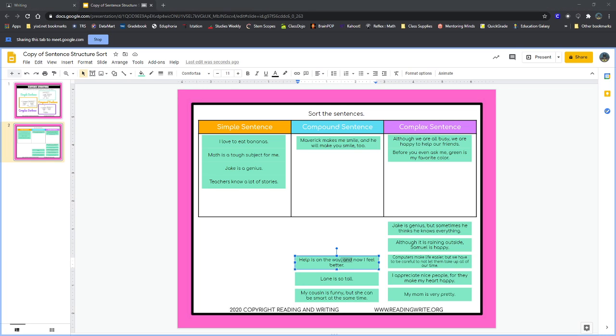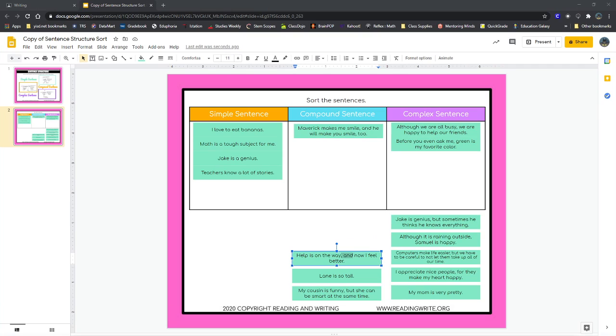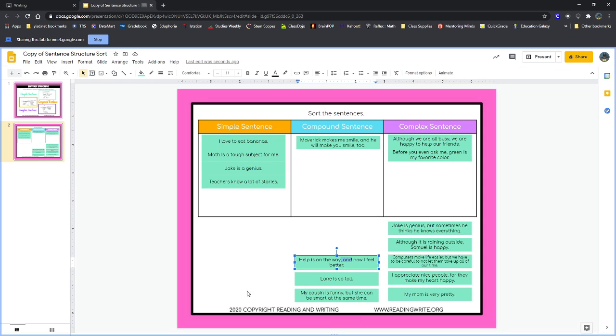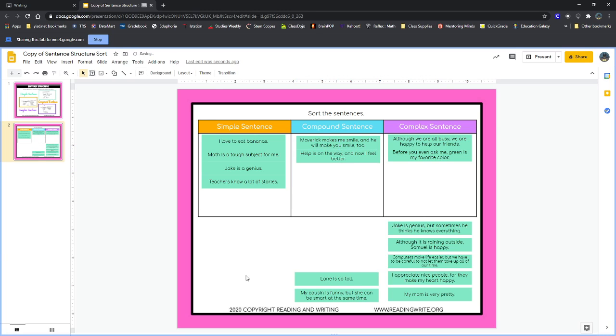If you can find the comma and the conjunction together, that's how you know that you have a compound sentence. This one, let's move it to compound.